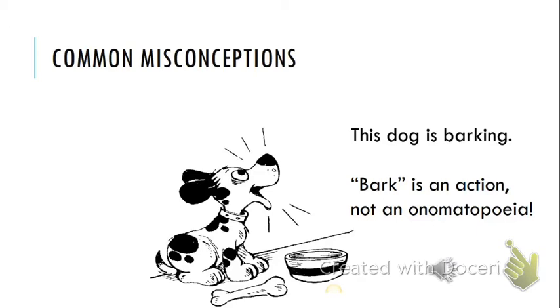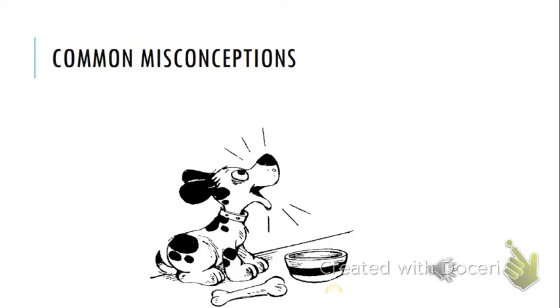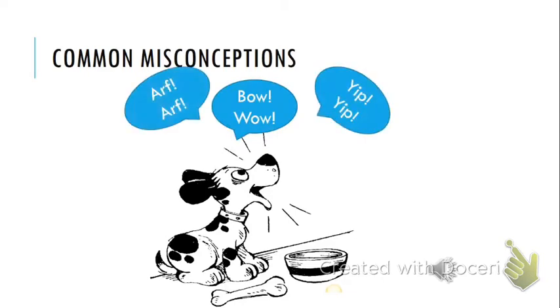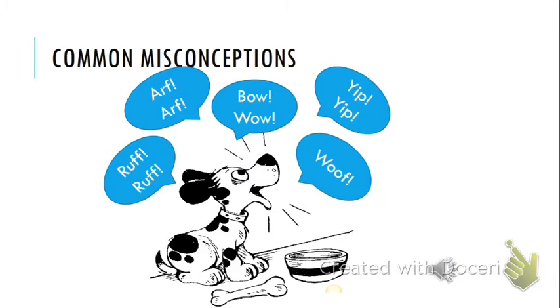Bark is not an onomatopoeia. Words that might imitate the sound when a dog barks might be ruff, arf, bow wow, yip, and woof. These are all onomatopoeias used to imitate the sound of a dog barking.